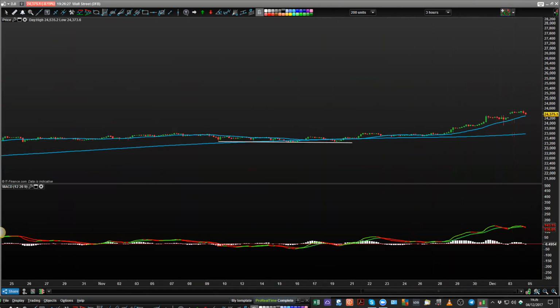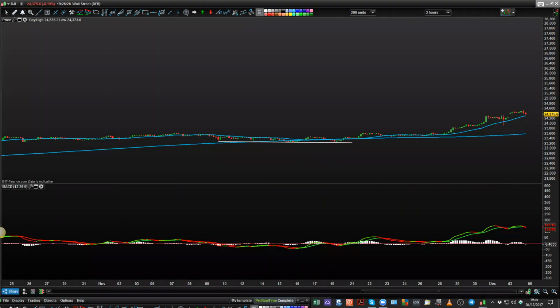I think that when you get charts this clean, the markets move right away from the 20-day moving average. Histograms alone tell you we're losing momentum up here.